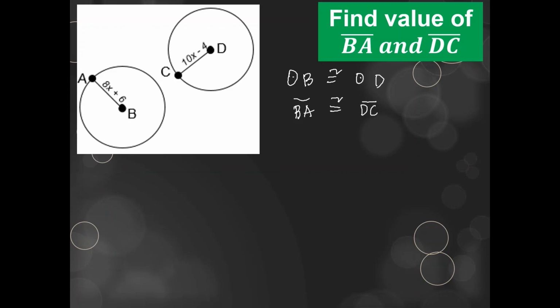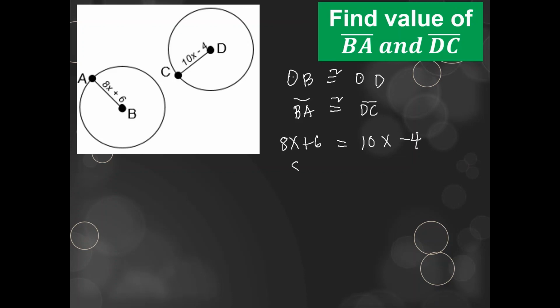So we can have the equation 8x plus 6, which is the measure of BA, equal to the measure of DC, which is 10x minus 4. Then we can solve for x.